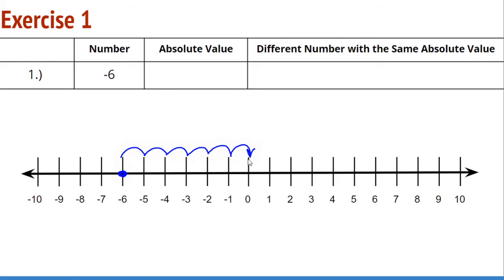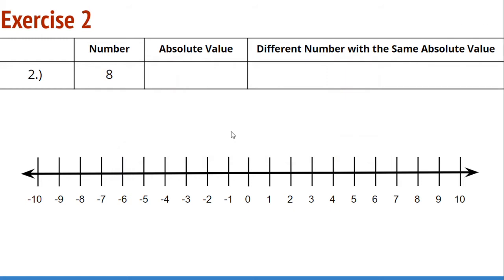Going in the other direction, 1, 2, 3, 4, 5, 6. The other number that has the same absolute value is 6. The absolute value of -6 is 6. The absolute value of 6 is 6. They are both 6 units from 0.